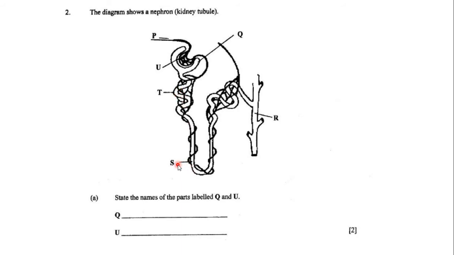S is pointing to the loop of Henle, and R is pointing to the collecting duct. And so they asked us to state the names of the parts labeled Q and U. Well, Q is pointing to the Bowman's capsule. That's the answer for that one. And U is pointing to the glomerulus.